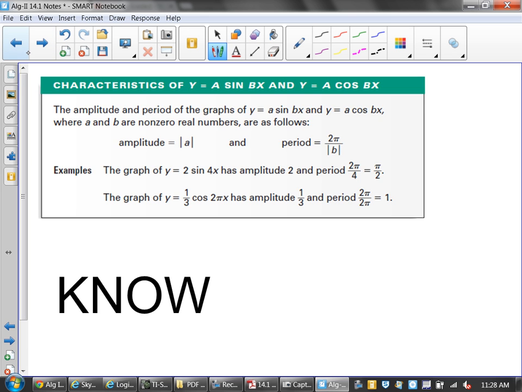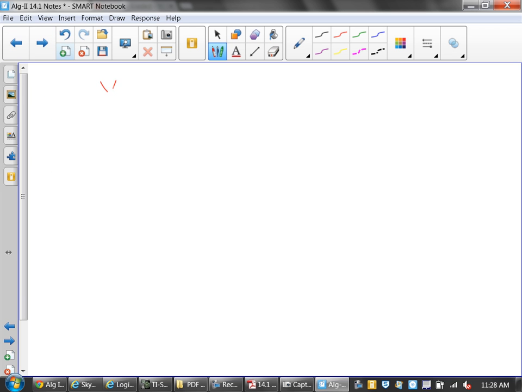So let's look at this. Y equals 2 sine of 4x. Whenever I start these things, I'm always going to identify my A and my B. Tomorrow we'll identify A, B, H, and K. So what's my value of A here?